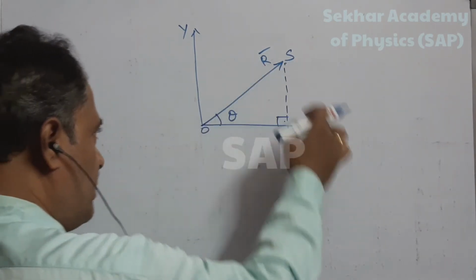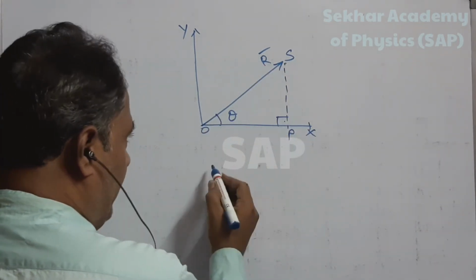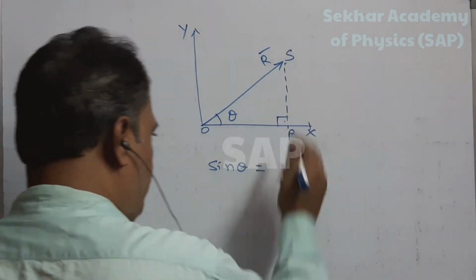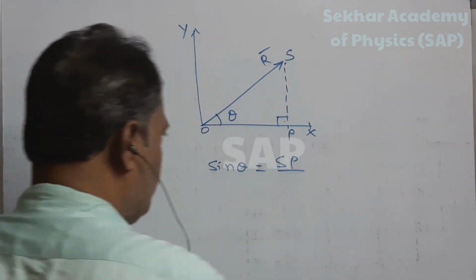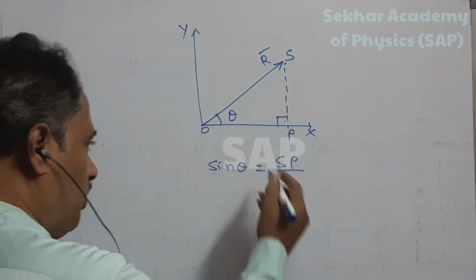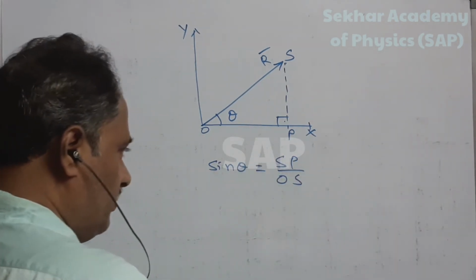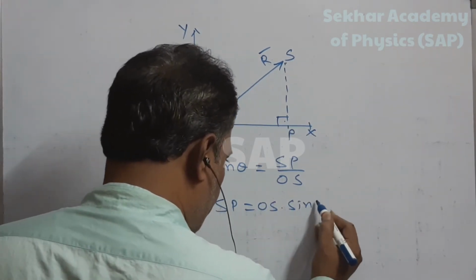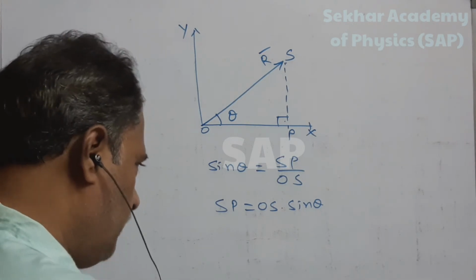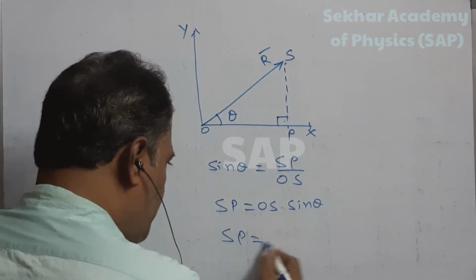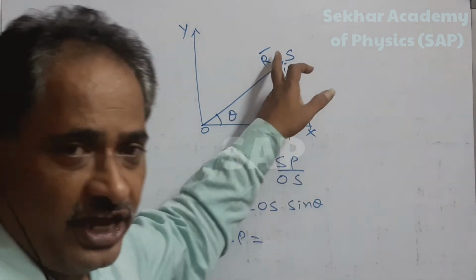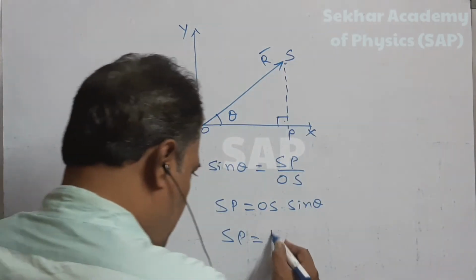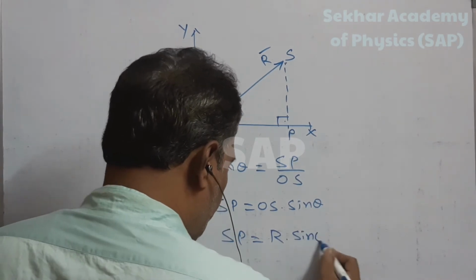According to this right angle triangle, if I take sine theta, that is equal to opposite SP by hypotenuse OS, so SP equals OS sine theta. If I take the r bar vector magnitude as R, then SP is R sine theta.